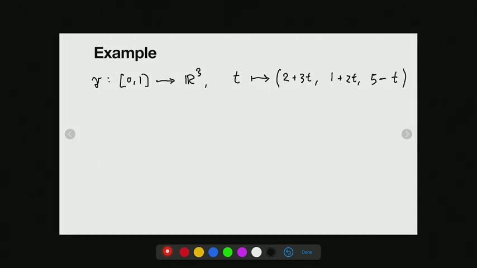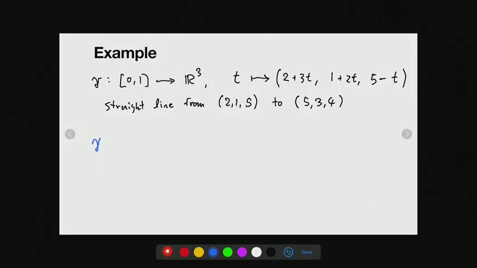That describes a straight line between 2 points. It's super simple, just a straight line from, well, at t equals 0, we've got 2, 1, and 5. And at t equals 1, we go straight on a straight line, and we arrive at the following: 5, 3, and 4. Just a straight line in three-dimensional space.